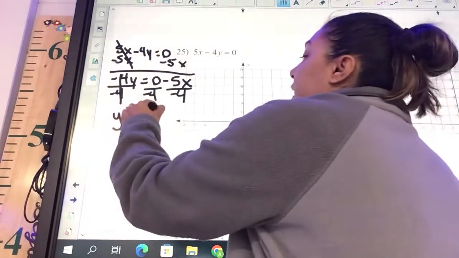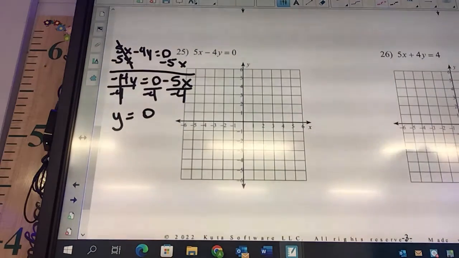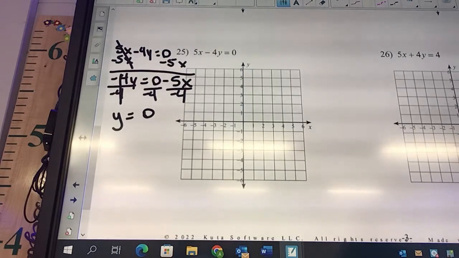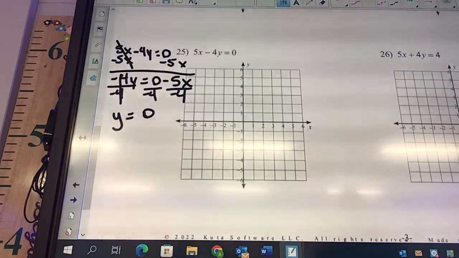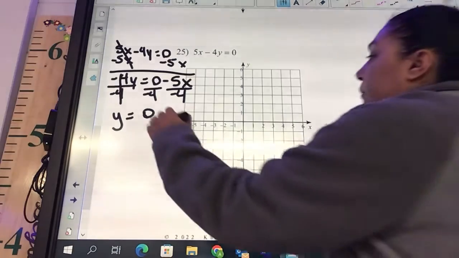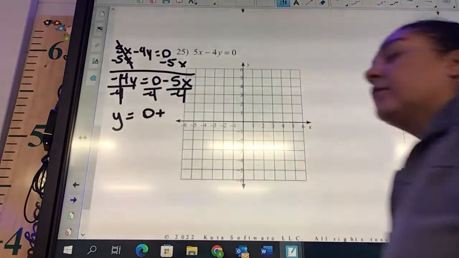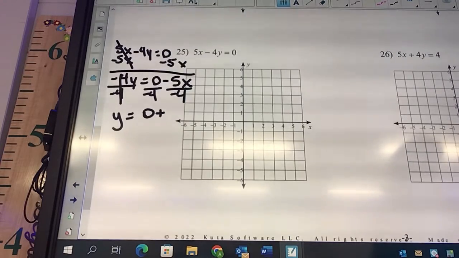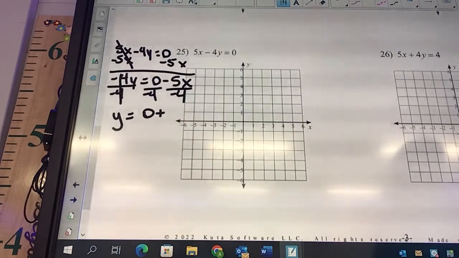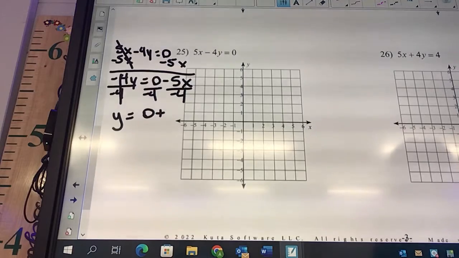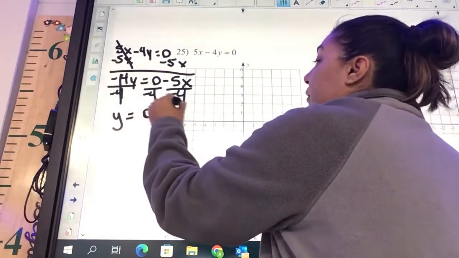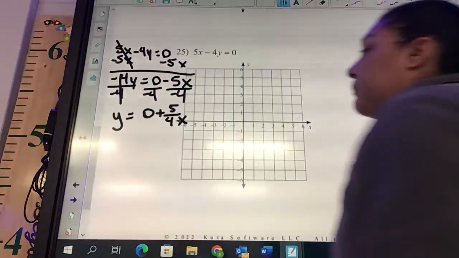Okay, negative 5 over negative 4. What's a negative over a negative? Positive. And then 5 over 4, what is that? It stays the same. Why does it stay the same? Okay, it's our slope. We need that rise and that run. Okay, so we're going to leave that 5 over 4x.